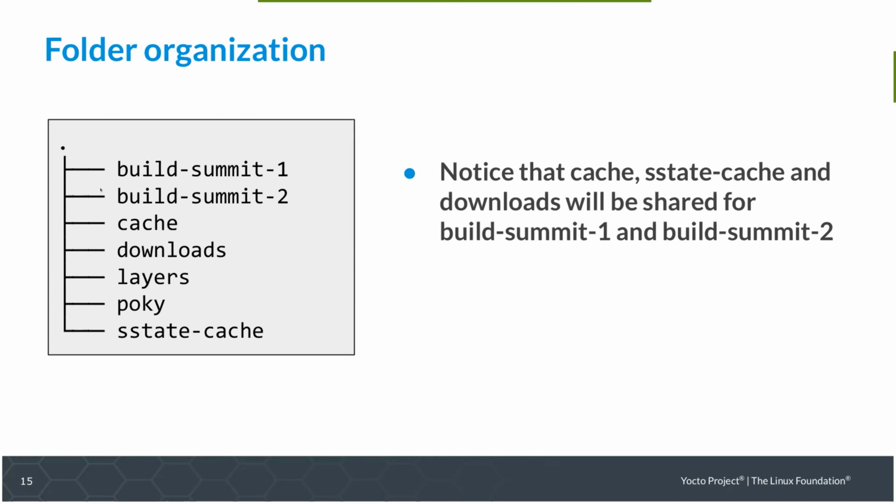So I have a build 1, build 2, my cache downloads, my sstate-cache, and I created here, this is the way I see people doing it, is create a folder to place my layers and another folder for the POC and the Yocto release and the default layers that come with Yocto. Notice that our idea here is to share the sstate-cache, downloads, and cache for these build configurations.